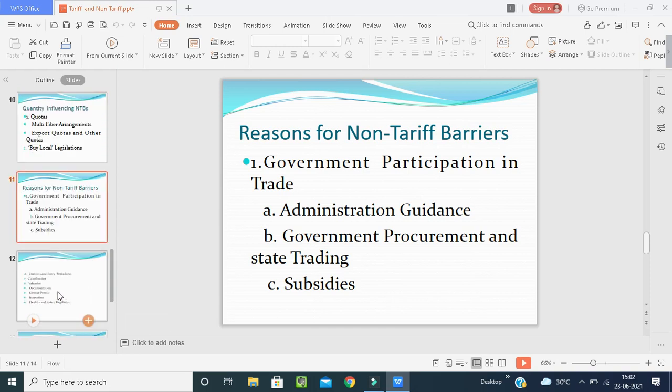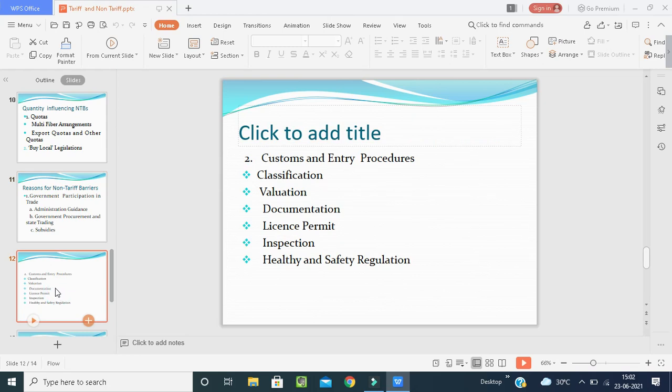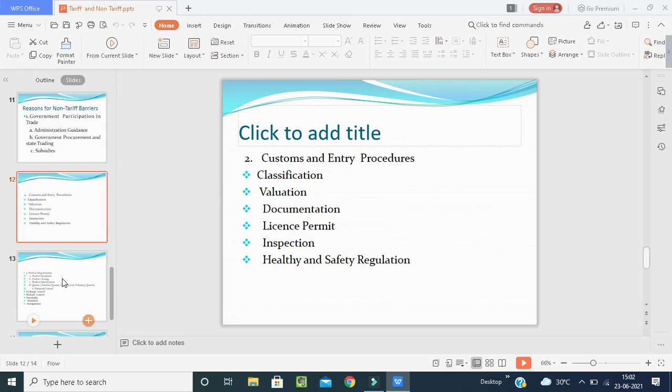If you see here, next, customs and entry procedures include classification, evaluation, documentation, license permit, inspection, health and safety regulations. All these things are to run the business for the long term.